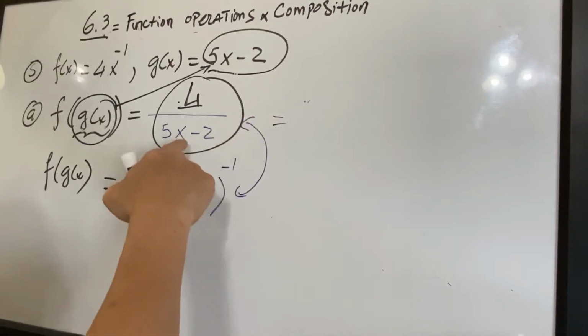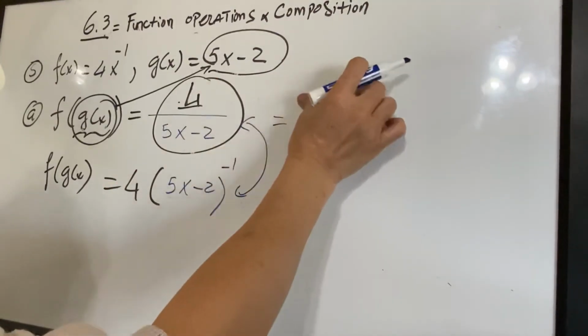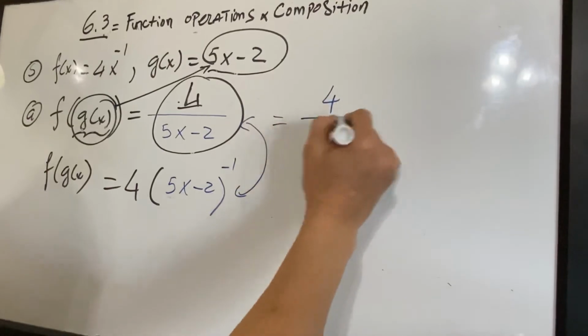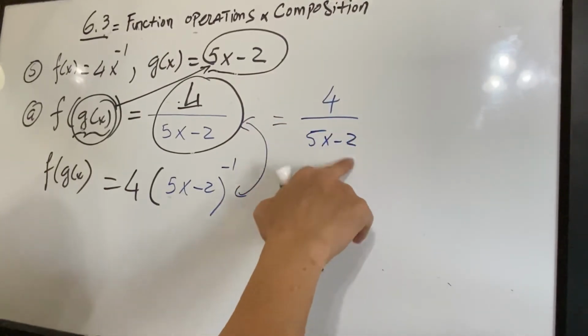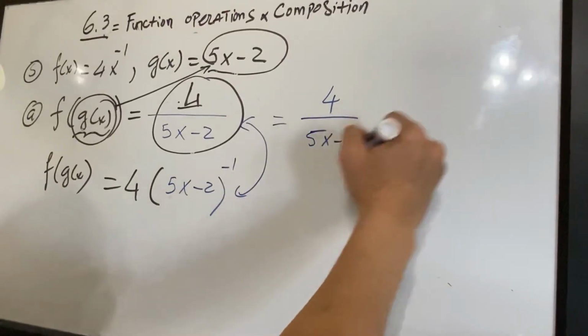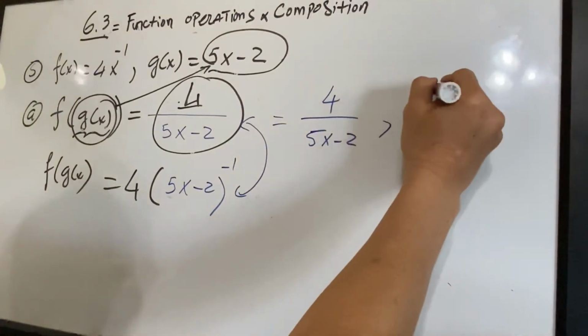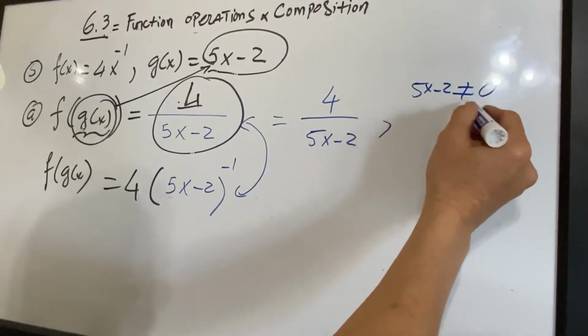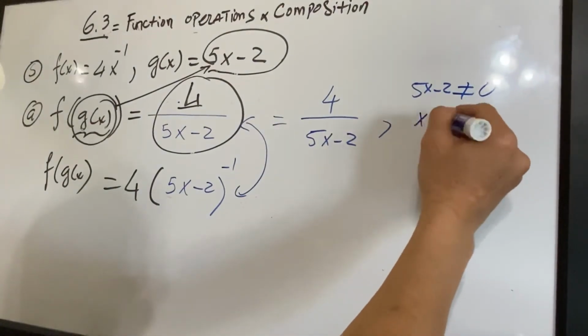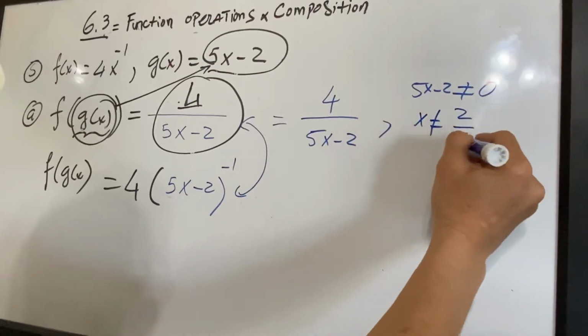By doing this, it is very clearly helpful to see that the denominator cannot be 0, which means 5x minus 2 cannot be 0, meaning x cannot be 2 over 5.